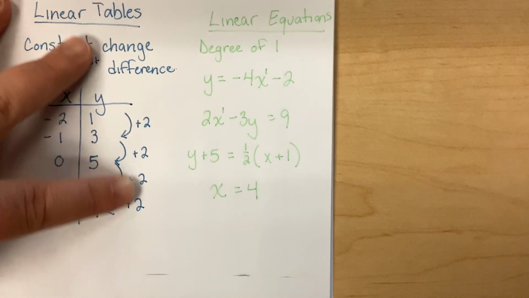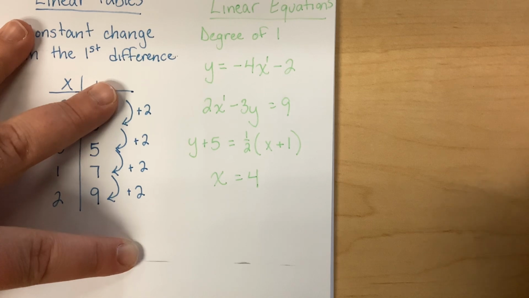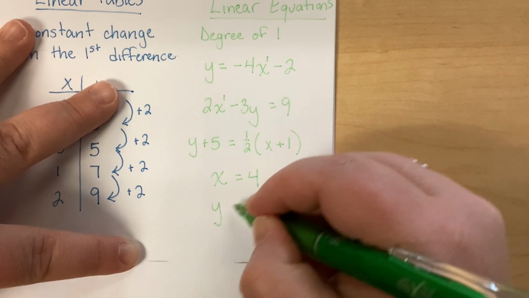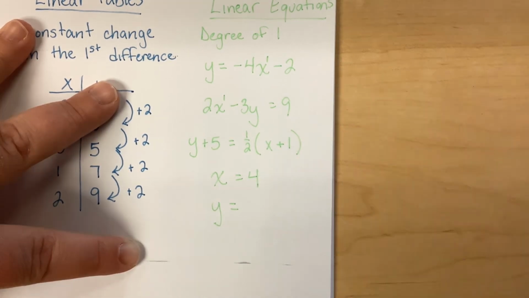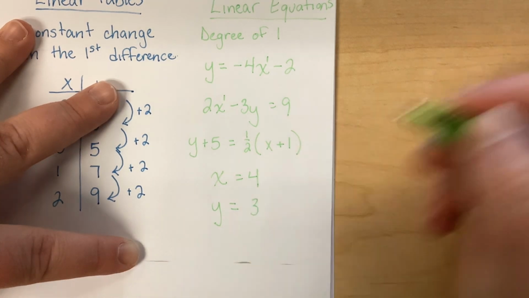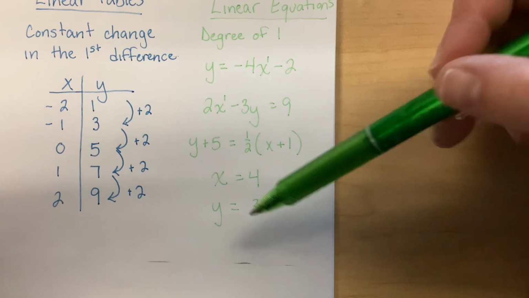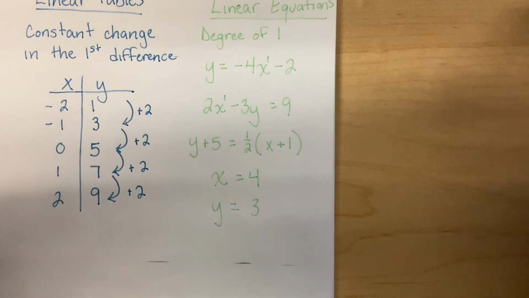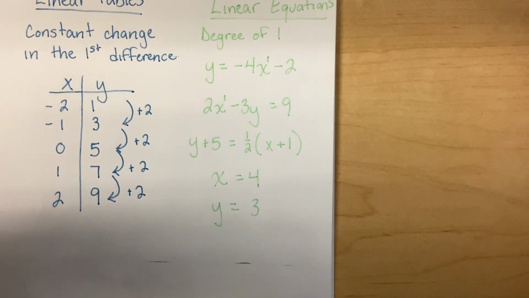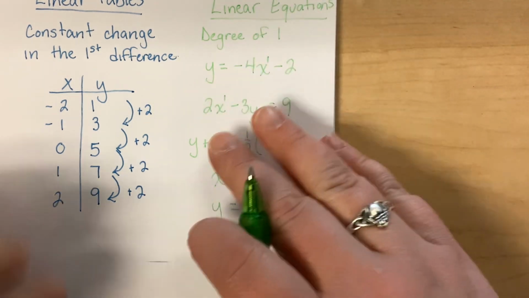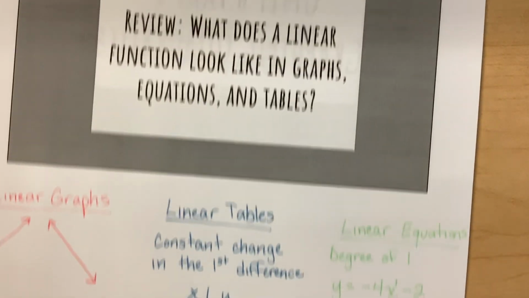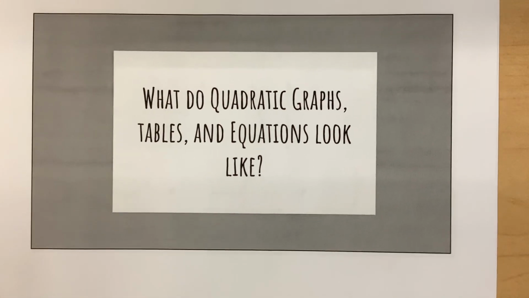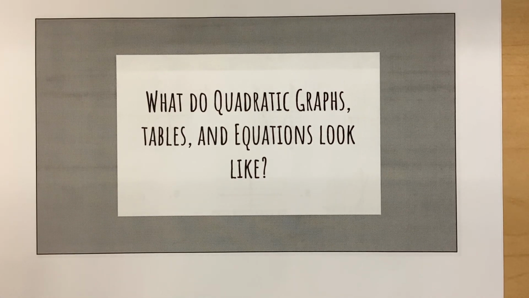Now the only one that's a little bit tricky is the horizontal line, because you have y equals, we're going to make up a number here, 3. Technically, this is x to the 0 power, but it's still not bigger than a degree of 1. So it is still a linear equation. All right, so all of that is important to know because we're going to be comparing linear equations to quadratic graphs, tables, and equations. So that's where things differ.